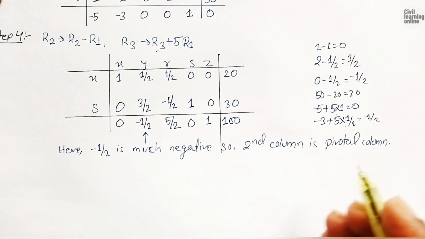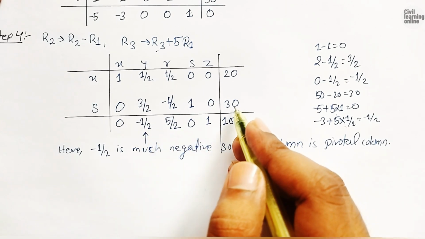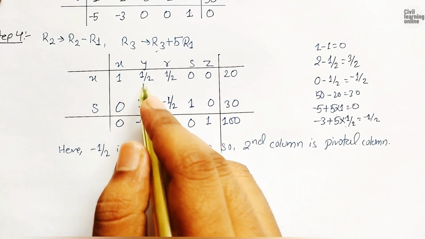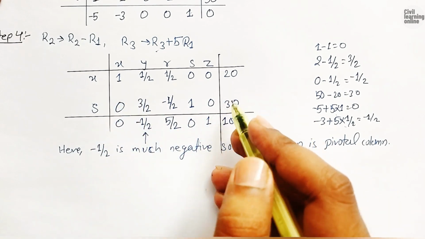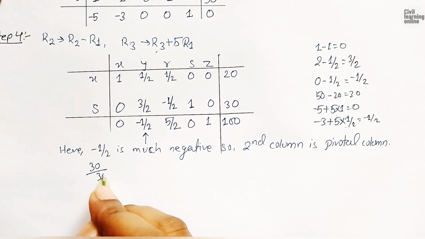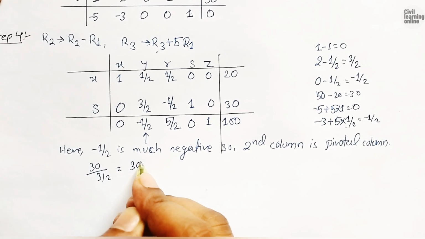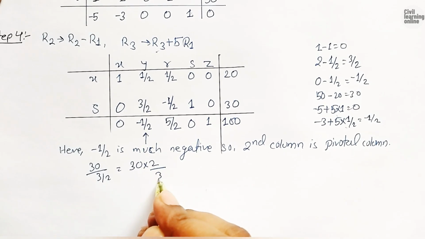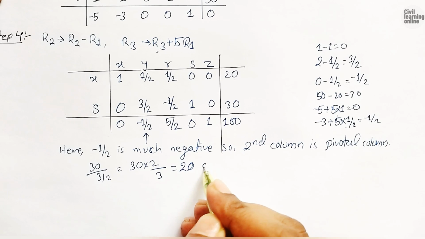So since we have got the second column as the pivotal column, we have to divide these elements by the elements of the pivotal column. So 30 is divided by 3 by 2, so we get 30 times 2 by 3, applying the rule of reciprocal, so we will have here 20.